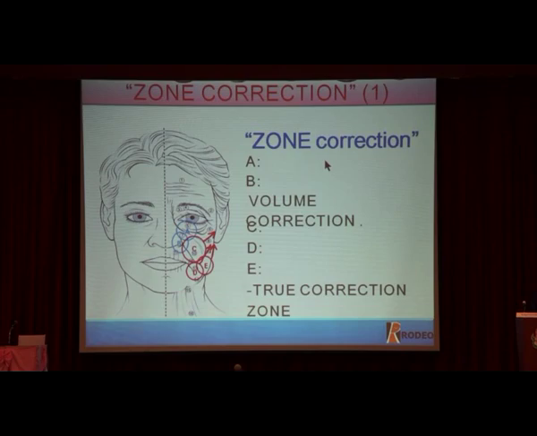Thread lifting is zone correction. The medial side needs volume replacement and the lateral side a lifting effect. In areas A and B, the medial portion needs volume correction, and in areas C, D, E it is zone correction. Zone correction is volume lift, face lift.